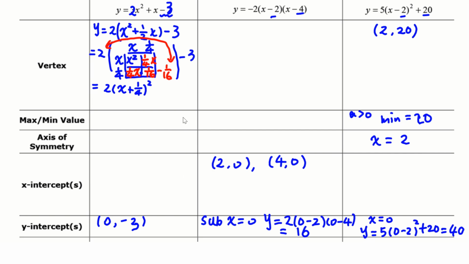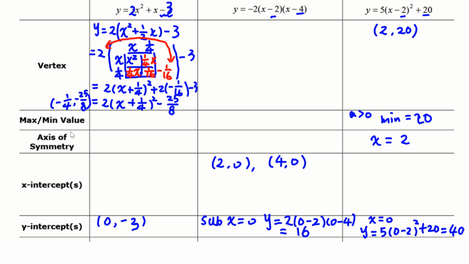So 2 times negative 1 over 16, then minus 3. Collect the like terms. We have 2 times (x plus 1 over 4) squared. Then do the calculation, it will give you minus 1 over 8, then minus 3 times 8 is 24, so minus 1 minus 24 gives you 25. So the vertex is negative 1 over 4, the p-value is the opposite, and negative 25 over 8.